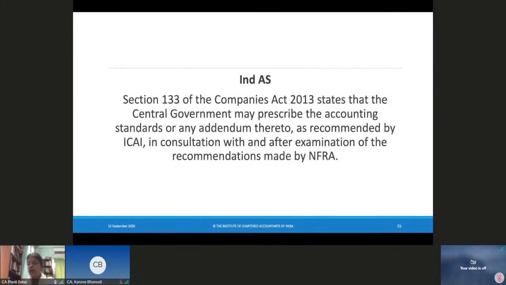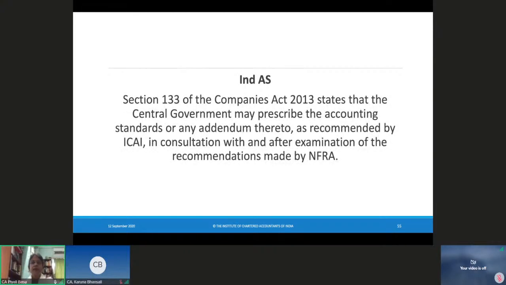All right. So now we move on. We don't have to discuss much about NFRA. Let's move into the financial accounts preparation and presentation. Now, Ind AS, since you have a separate paper on financial reporting, naturally we will not discuss Ind AS at all here.